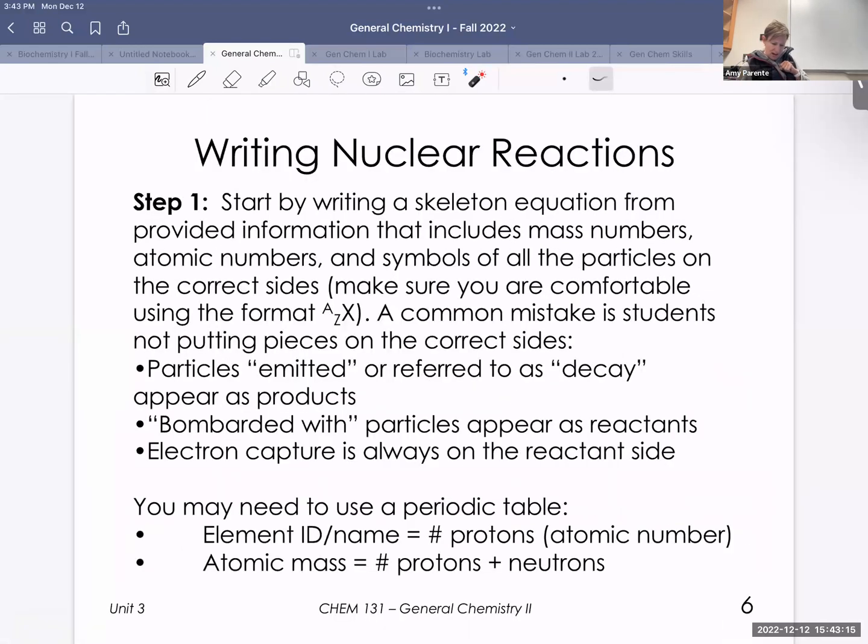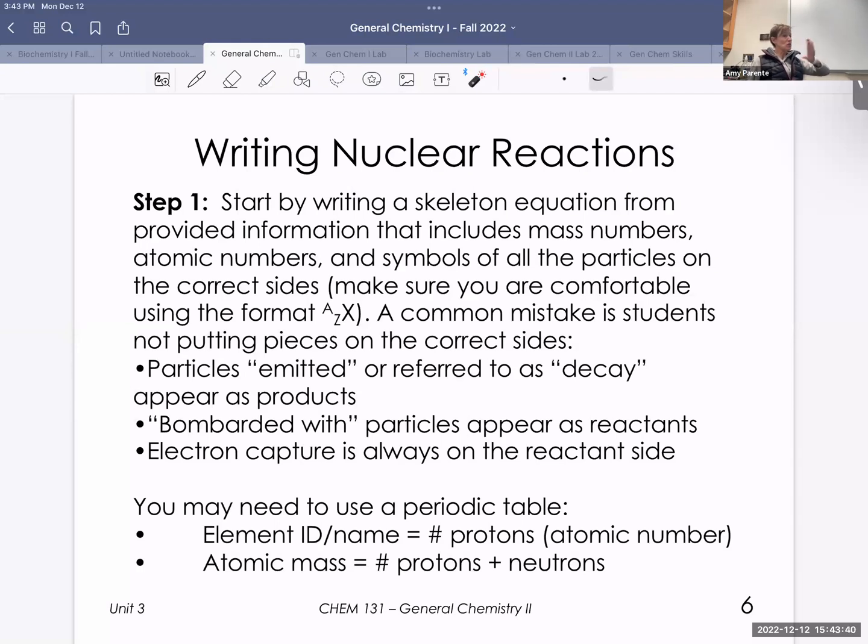And I think I've got some hints here. A common mistake that students make is not putting things on the right side. So when you see that it's talking about something that's emitted or it decays or you have alpha decay, that means you're putting those pieces as products. If you hear words like bombarded with, that means that part is a reactant.